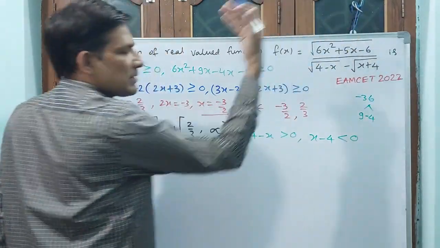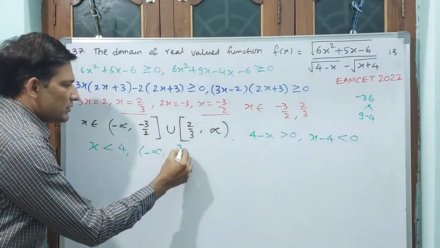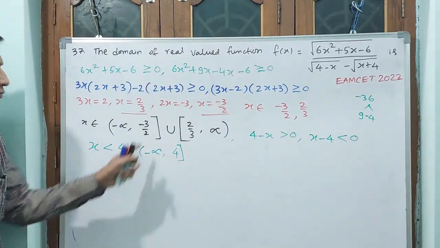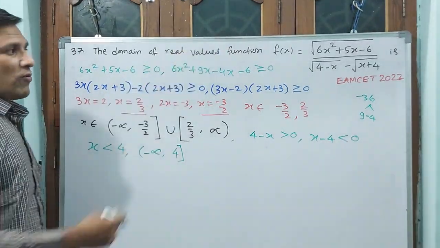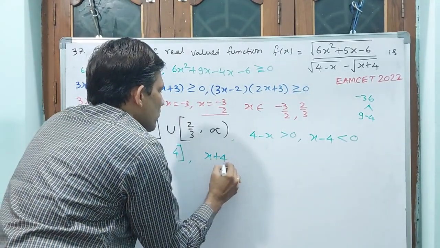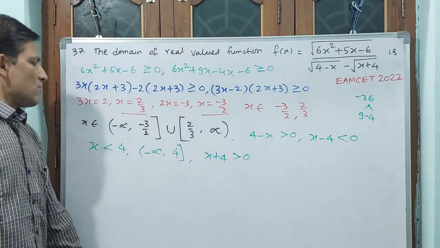Root 8 will come, that is not a problem. We can keep also a closed interval, that is not a problem, but even then we will write. Why? Because we will see what will come under finally. This is the first sub-function. Go for the second sub-function. The second sub-function is x plus 4 should be greater than 0. Equal to 0? No.